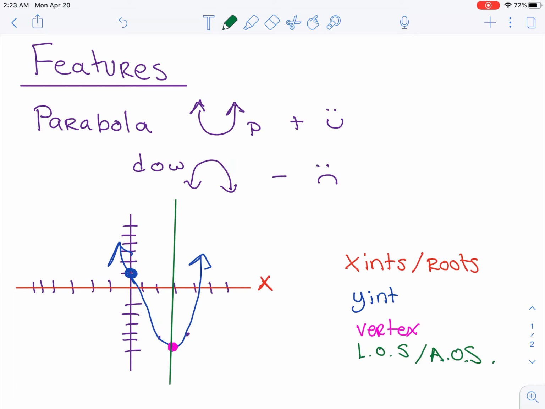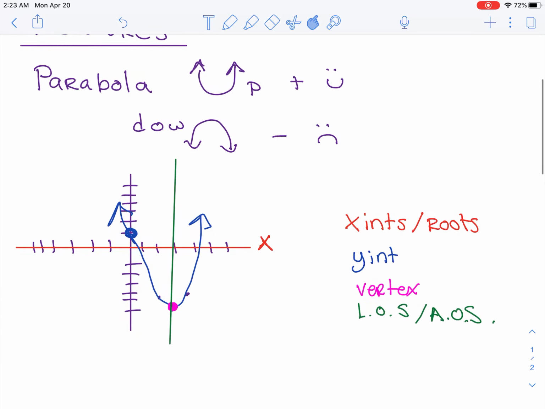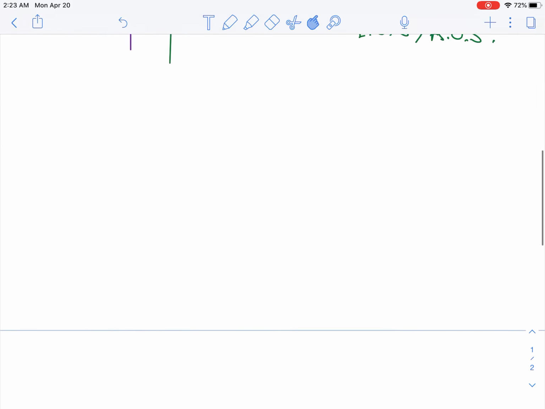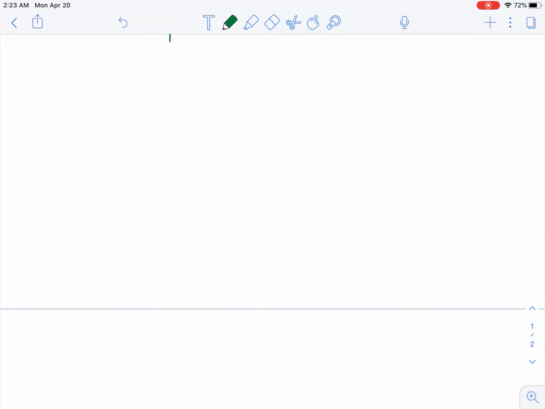This is what it looks like, and we're going to have to remember those because I'm going to take a day to talk about something different. I'm still going to give you features to practice with. We did that all last week. I'm going to give you a few more problems this week on it. And we're going to talk about if I give you something in factored form. So quadratics have 3 forms.